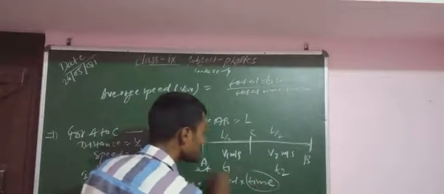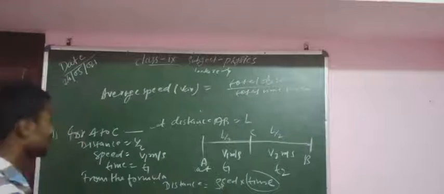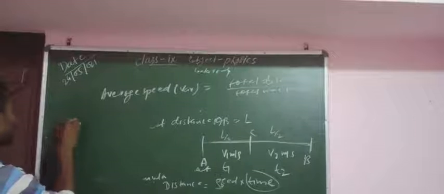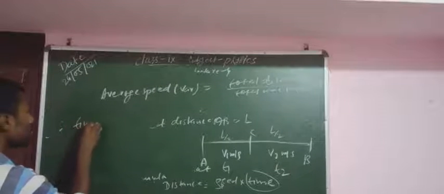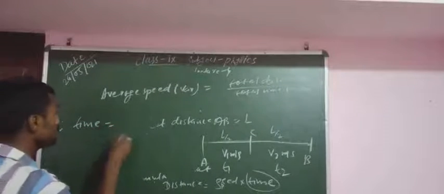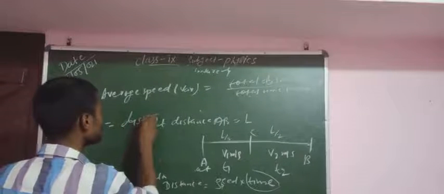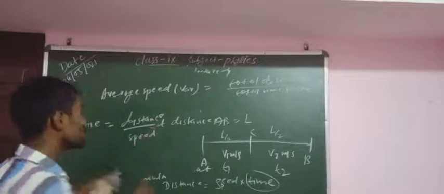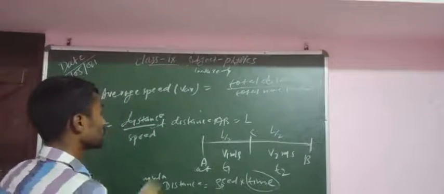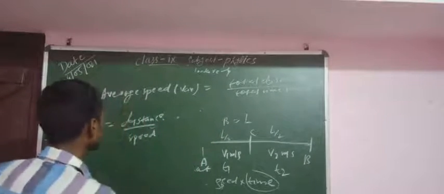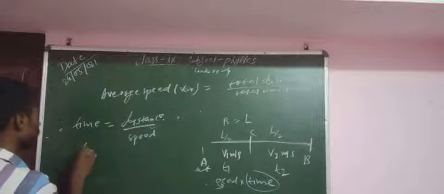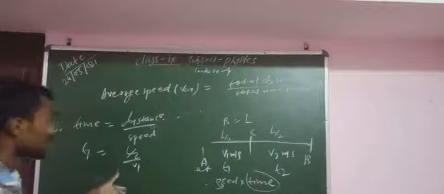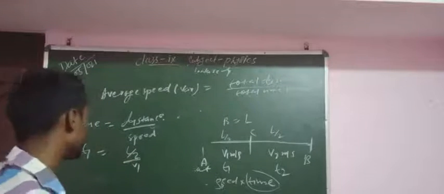So time will be equal to distance by speed. So T1 will be equal to distance L by 2 by V1.